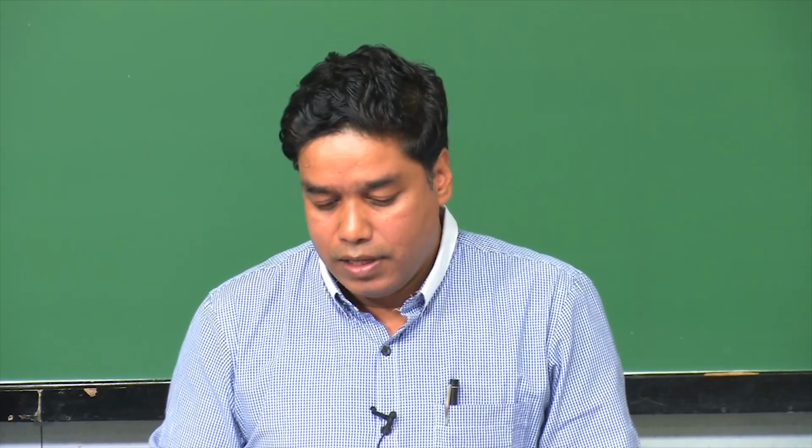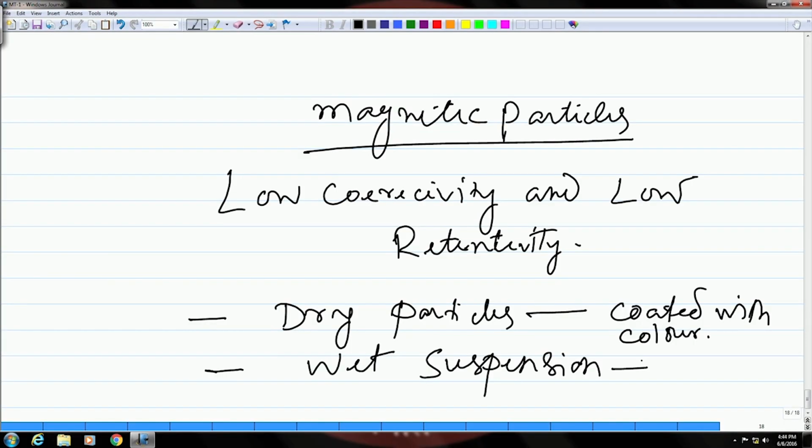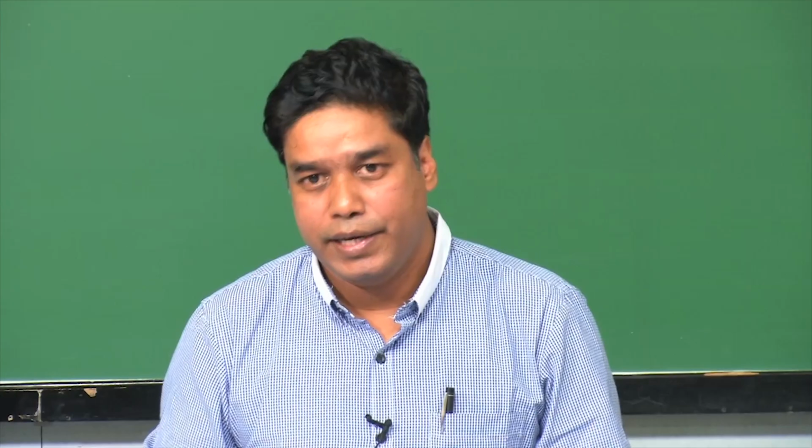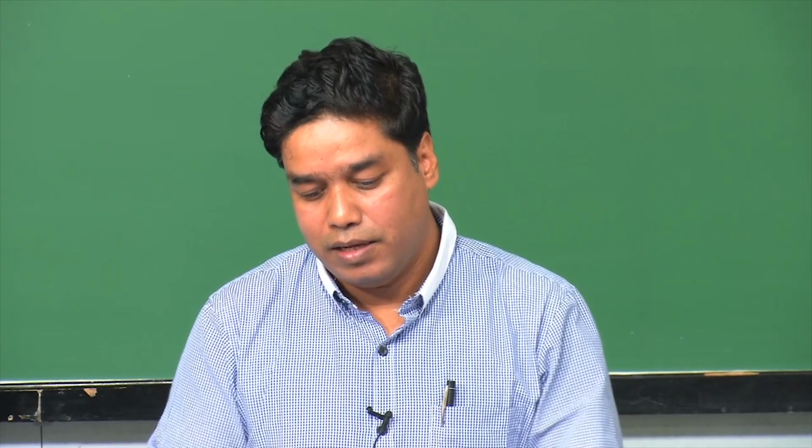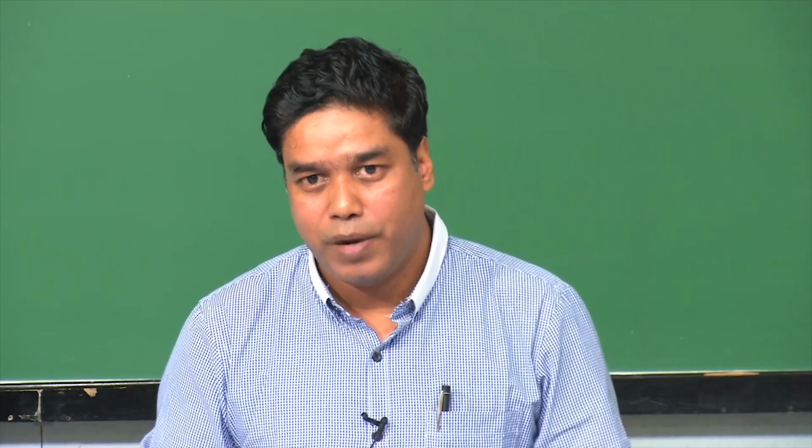Okay. And in wet suspension, you need to take these magnetic particles in some kind of low viscosity liquid, which can easily flow over a surface without any difficulty, and provide mobility to these particles.